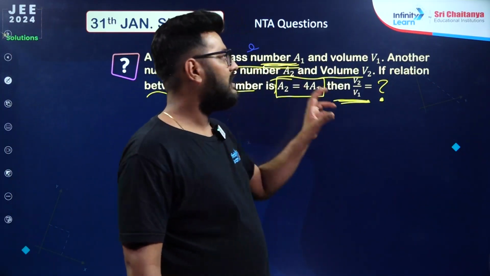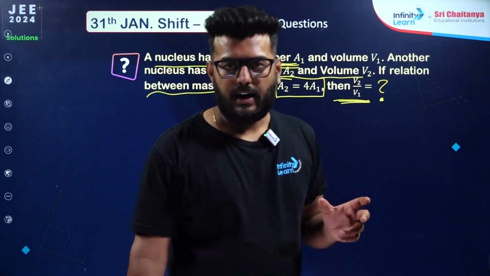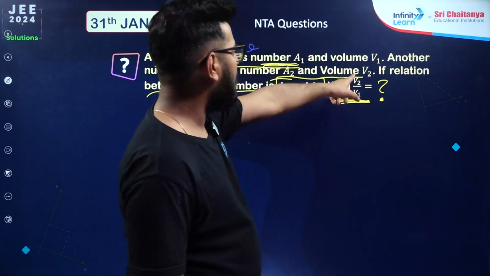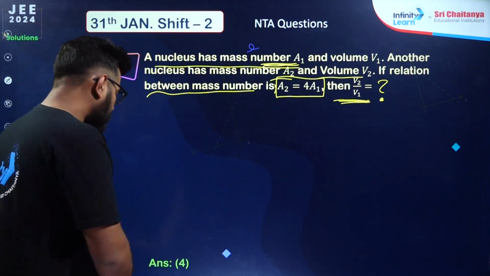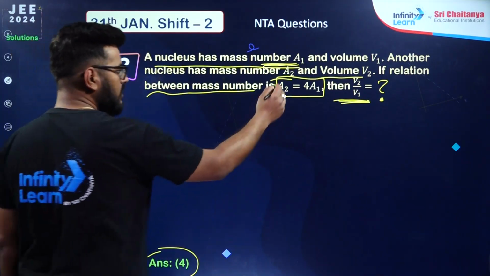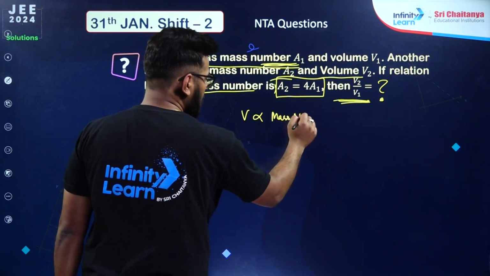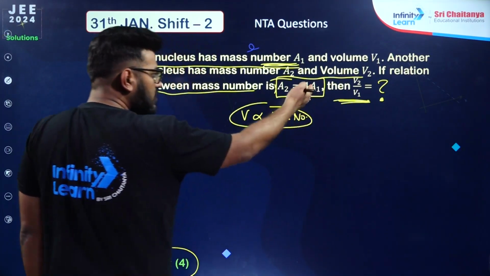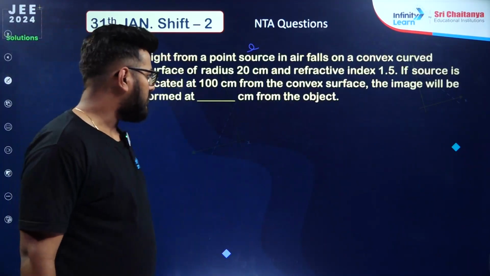Now mass number is related to the radius as the cube of the radius, right? So mass number is basically directly related to volume only. With this, you can very easily find out the answer. The option will be 4 only, because whatever is the volume is related to mass number directly. So A2 is to A1 is 4, that means V2 is to V1 will also be 4 only. Okay, this is the correct answer.